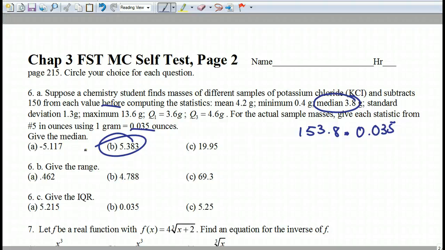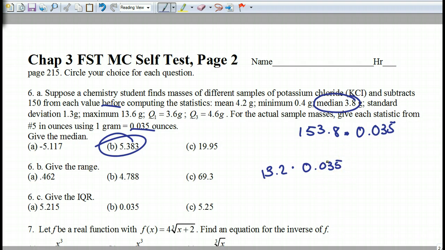Okay. Give the range. Well, if we go back to what we saw, what the range was before, the range on the page before this was 13.2, right? What am I going to do to that range? Multiply it again by 0.035.